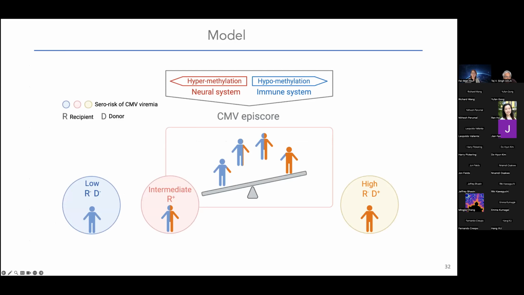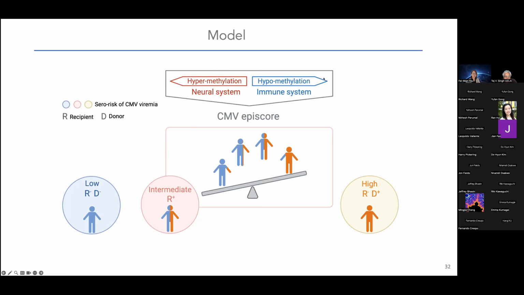Finally, this is our model. The color in the circles was based on the several risk groups, like recipient positive, donor negative, recipient negative, donor positive, into these two groups. We profiled the DNA methylation in the cohort, and we find the CMV positive patients might be hypermethylated in neurosystems and hypomethylated in immune systems.